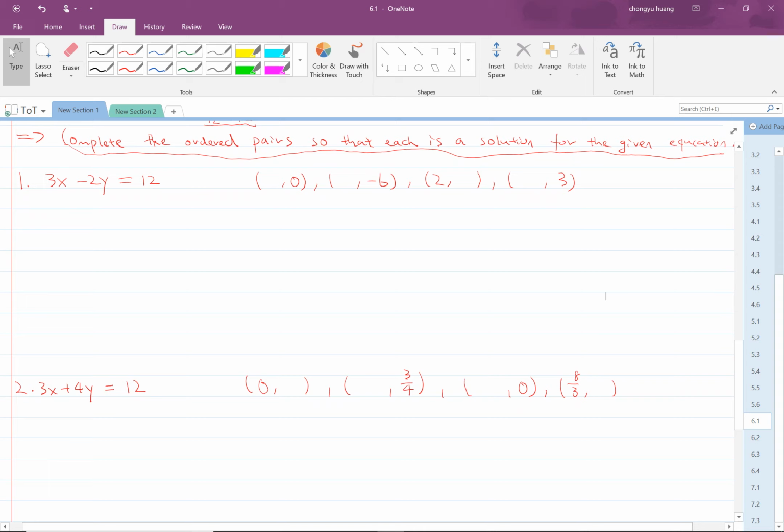Let me show everything. You can see we have the equation over here and then those points, but some of the variables x and y are missing, right? So we want to find the missing variable so that each ordered pair is a part of the solution for the given equation.